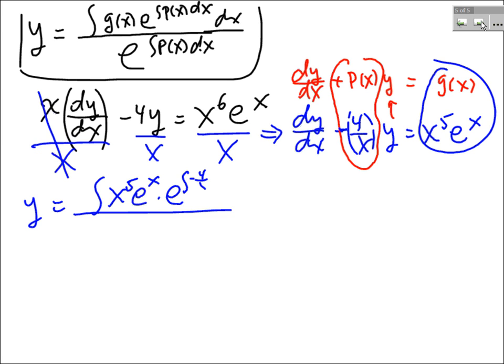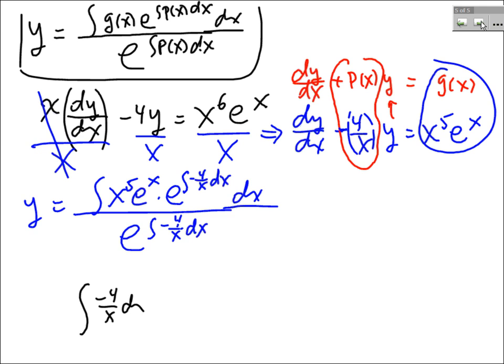Negative 4 over x dx over the integral of e to the integral of negative 4 over x dx. Well, let us do that integral on the side. The integral of negative 4 over x dx.